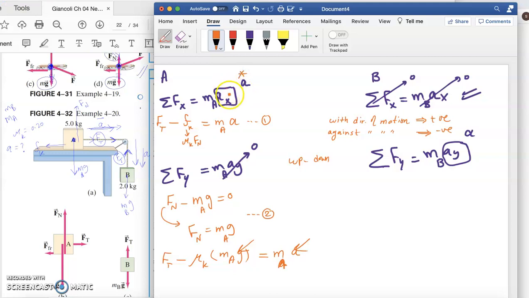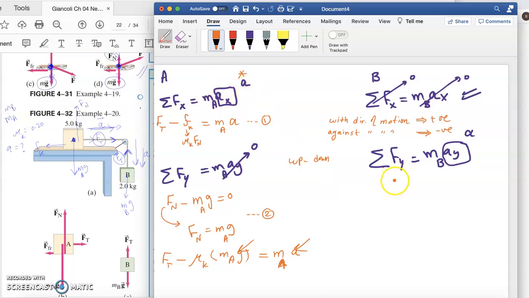It's not g. It's not the gravitational acceleration. It's a. Many students say summation of fx is equal to mg, then mg cancels with mg. They do all the mess here. The summation of fx in Newton's second law is equal to mass times acceleration.